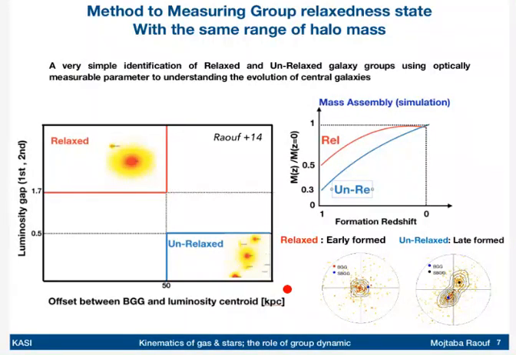You can see the substructures of the relaxed and unrelaxed systems. The relaxed systems are completely early formed based on the cosmological simulation definition, and unrelaxed are late formed. You can see more substructures in the relaxed systems compared to the unrelaxed ones.